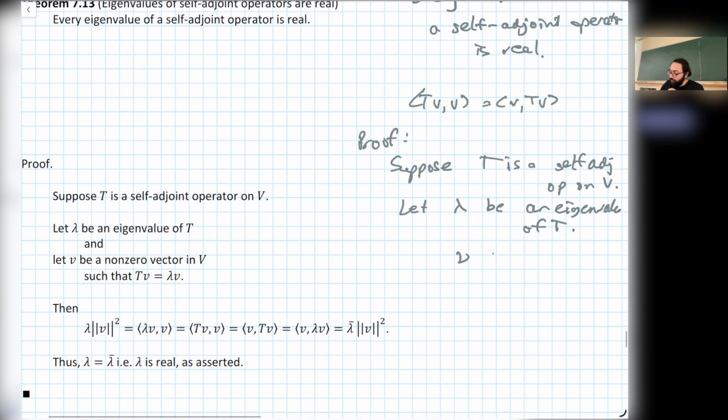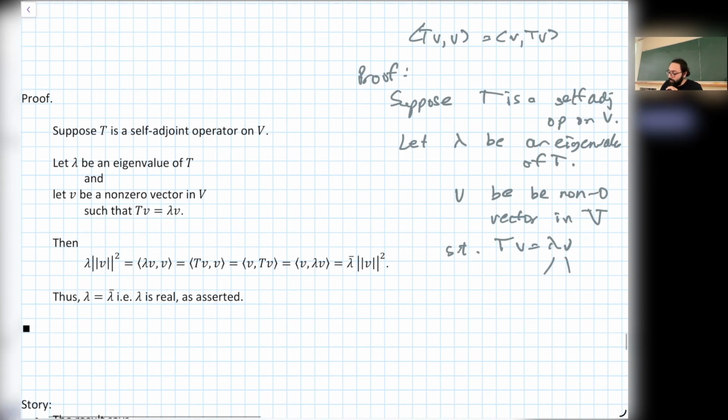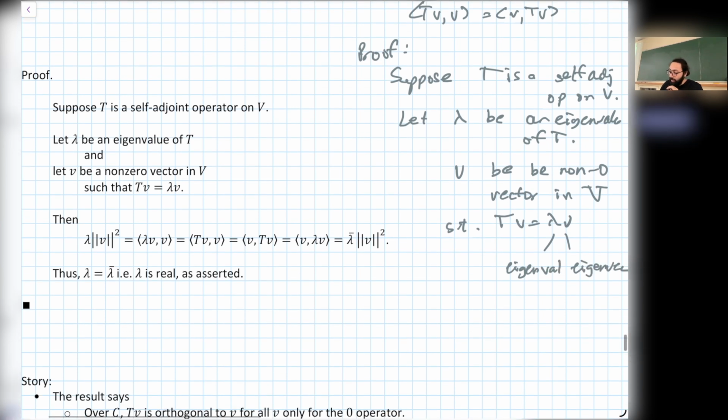And let V be a non-zero vector in the vector space such that TV equals lambda V. So basically V is the eigenvector and lambda is the eigenvalue. So we're just assuming that such a thing exists. So this is the eigenvalue, this is the eigenvector.